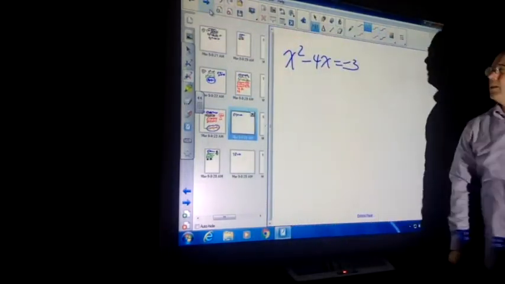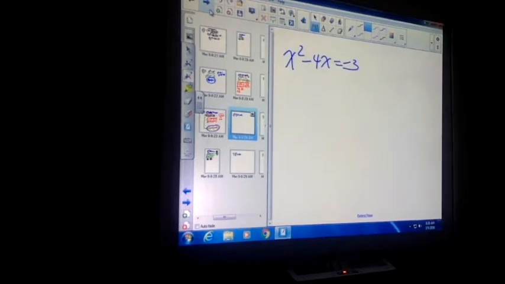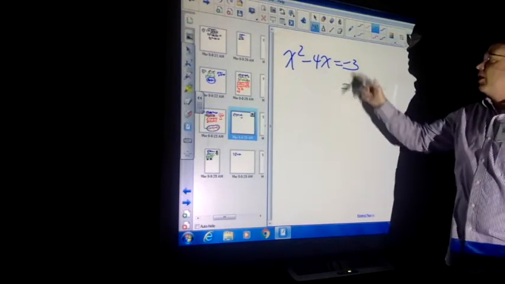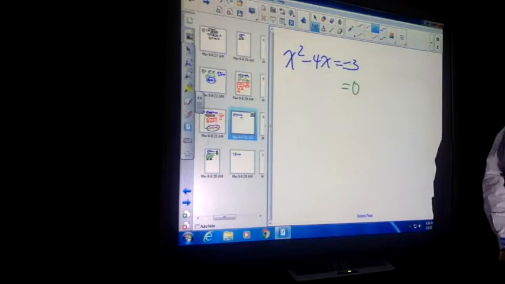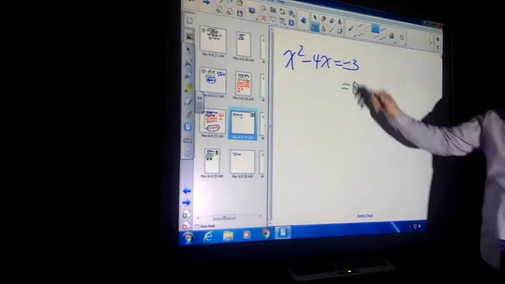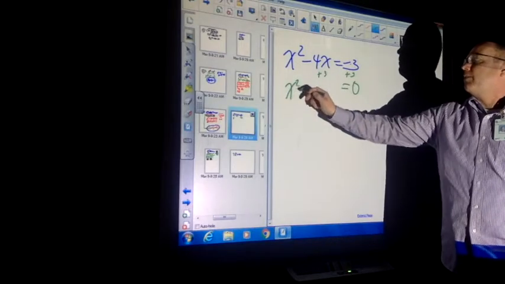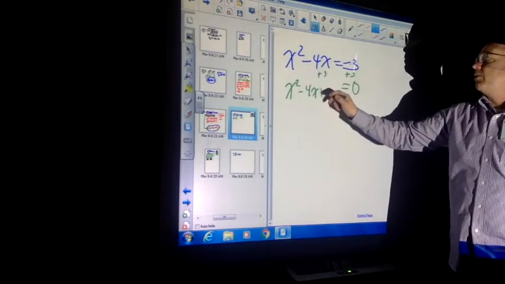All right. What's different about this problem now? It equals a number. So let's make this 0. What do I have to do to that negative 3? Add it. Just add 3 to both sides. So that gives me x squared minus 4x plus 3.